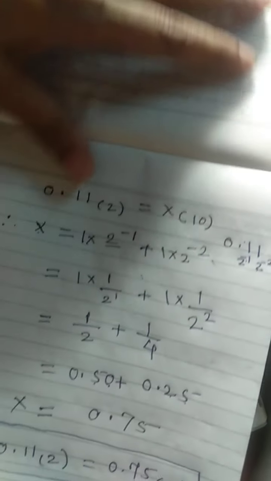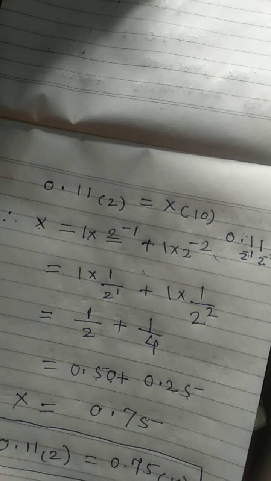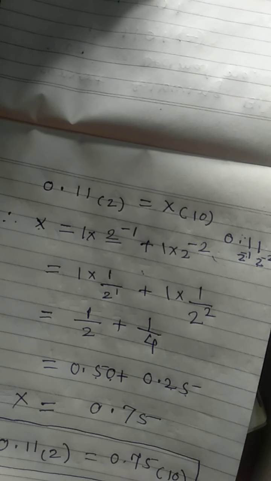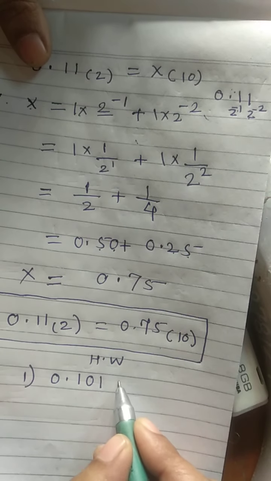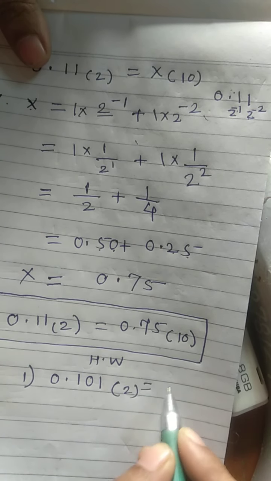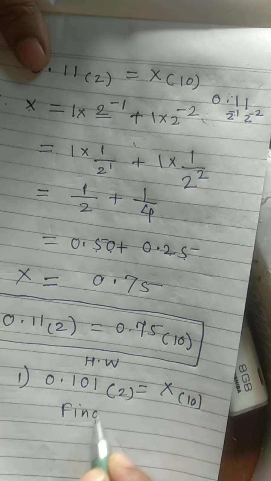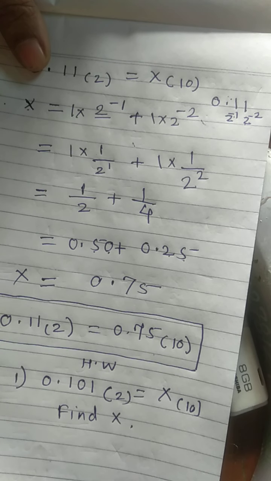For you to solve from fractional binary to decimal, I will give you an example as homework. You solve this example: 0.101. This is homework. 0.101 base 2 is equivalent to x base 10. Here you have to find the value of x. Will stop for now. Thank you, children.